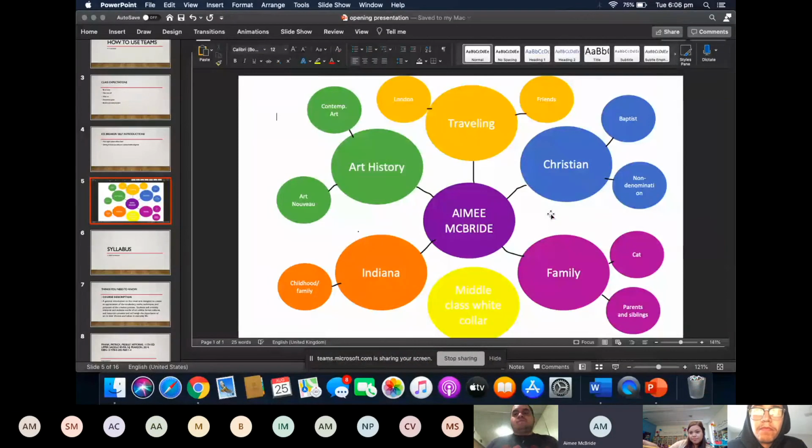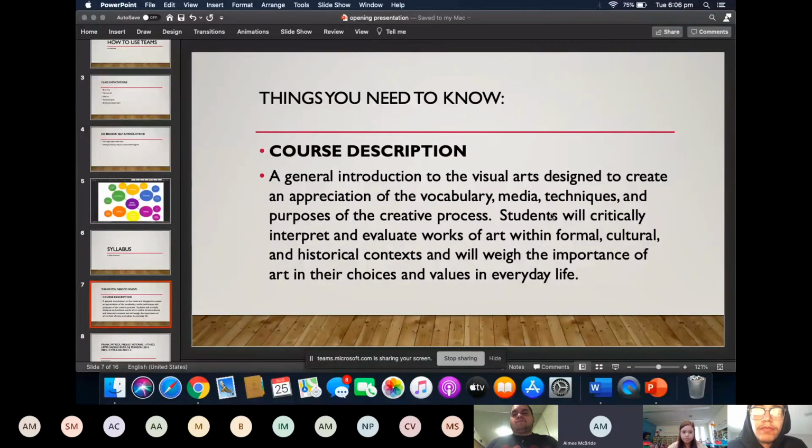Perfect timing. Okay, so art appreciation is a general introduction to the visual arts. Basically, it gets you familiar with vocabulary used in the art world, as well as the different mediums used: painting, drawing, pastels, photography, movies, the different techniques that artists use to create artwork, and their purposes for creating it.